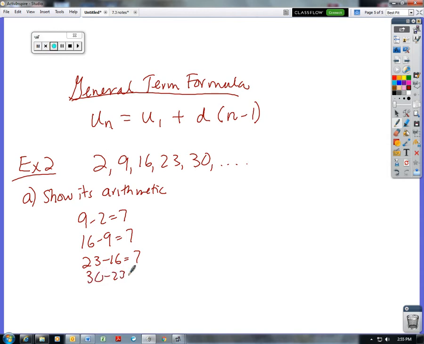So you're showing that they all have the same difference. You also have to state it in words since you're showing: the common difference is 7, and the initial term is 2. So you're describing the sequence as well.